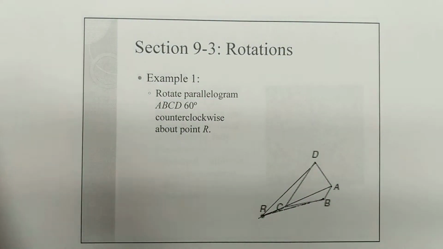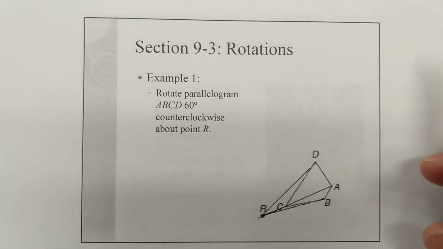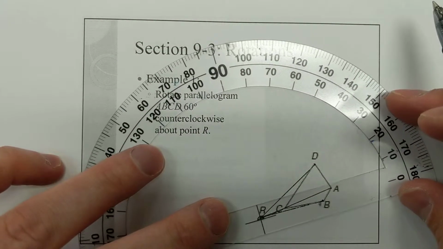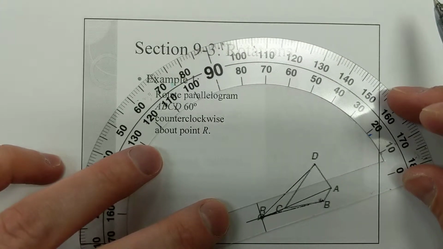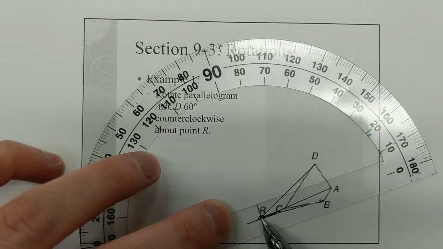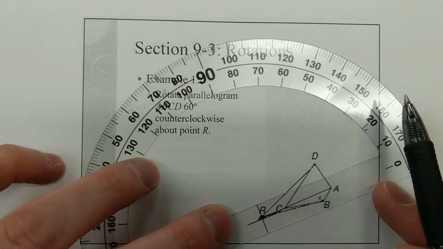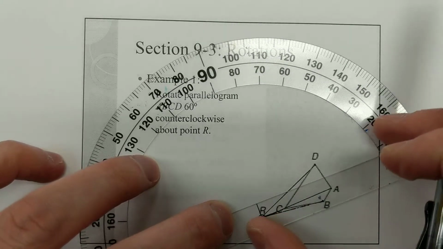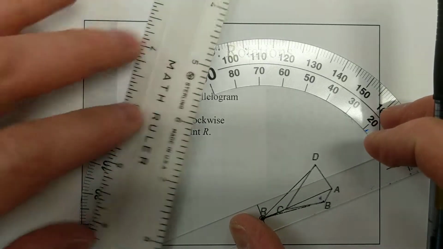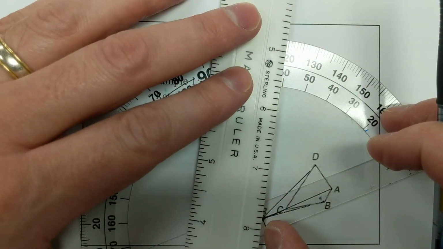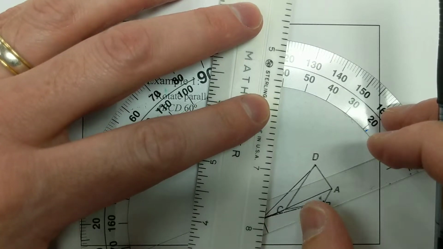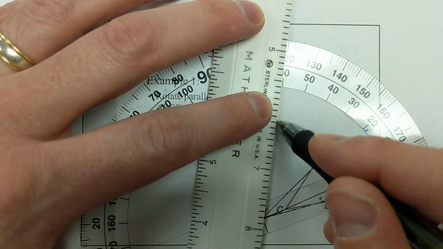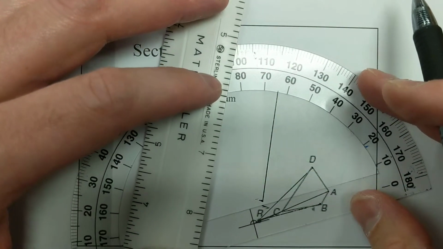So then what you actually need is a protractor, and you need to rotate each one 60 degrees. So to use the protractor, you put the vertex, the center of the protractor, on the dot. And then the line comes off and goes along the ray that you want. So there's A. So 60 degrees, so I'm going to go up here to 60, and then use that to sketch in a line. And you do that for each of the points.